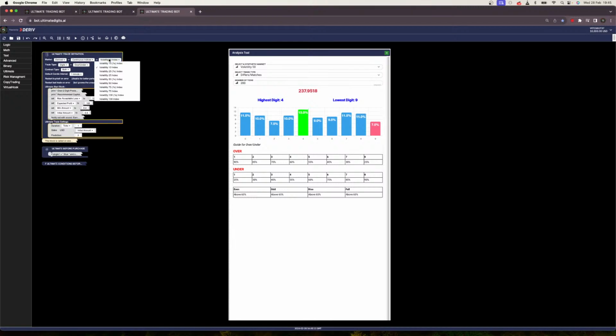So set the bot quickly to volatility 50 index and set the bot's digits over. For the default candle, you can leave it to 1 minute, but you can also set it to 5 minutes.